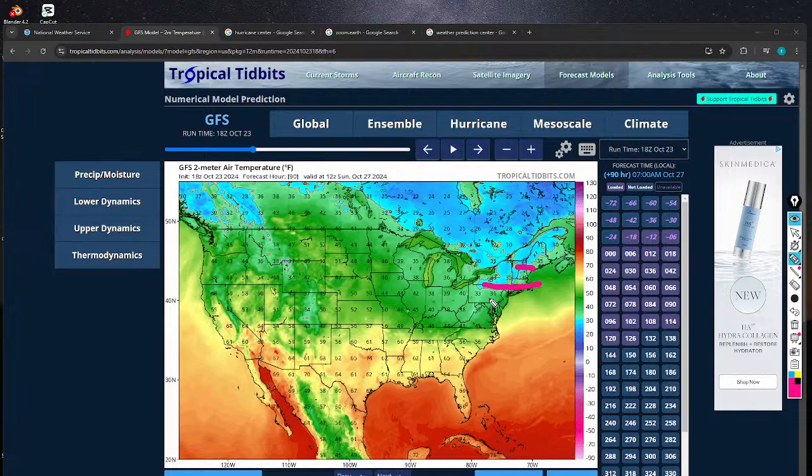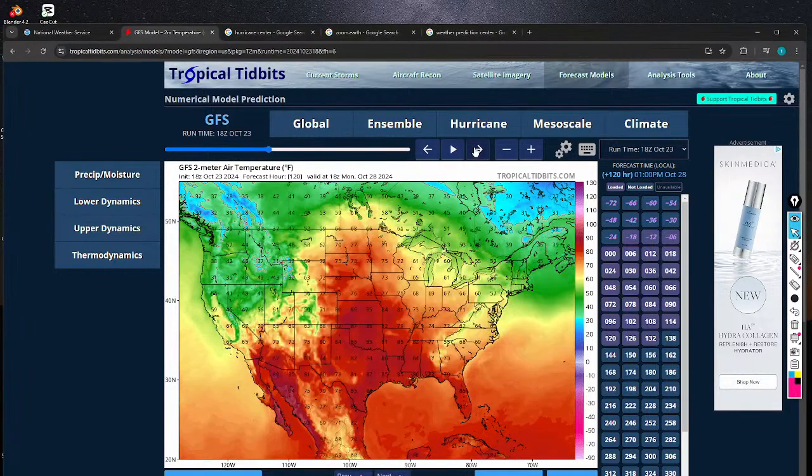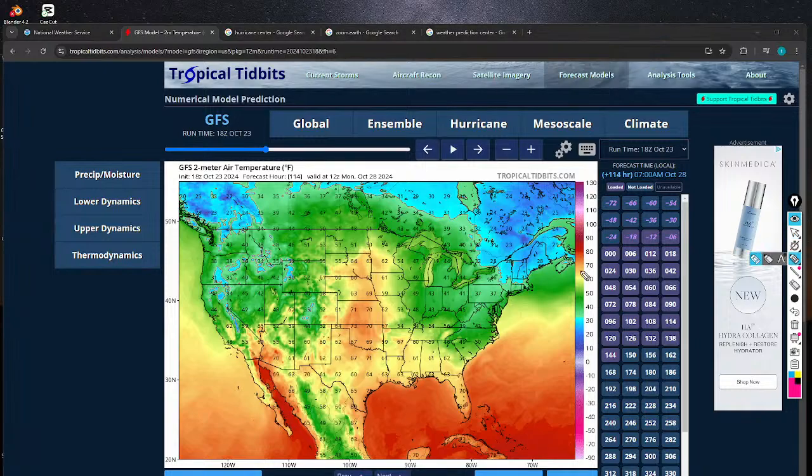Alright, a lot of 33s, a lot of 30s, mainly in the northeast part of the United States, and then we have a few cold areas where the Rocky Mountains are, going into Canada. And as we continue to play this, the temperatures actually get even colder, down to 23, which is pretty cold, and then in Canada down to 20. Still a lot of cold in the mountains, and obviously in Canada.